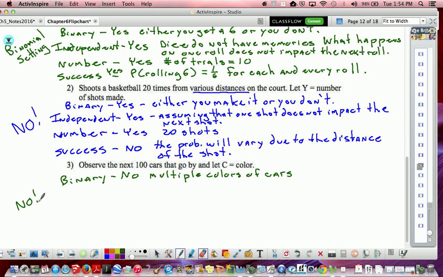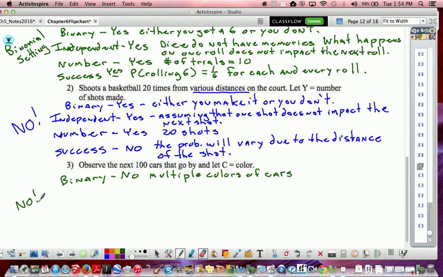Once you show it's wrong for one of them, it can't be it. It's like true false. If I can find one counter example, then I know the statement will be false. Now here's the interesting thing. If I actually went through the rest of them, it would be at least independent because the color of one car shouldn't influence the color of the other.